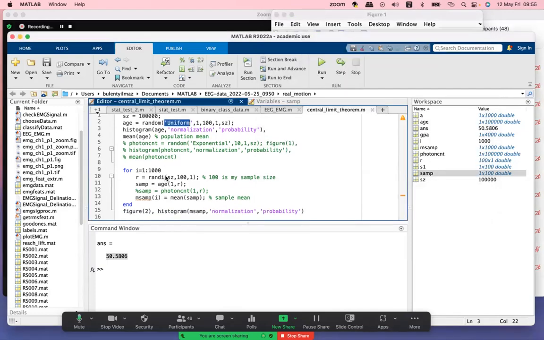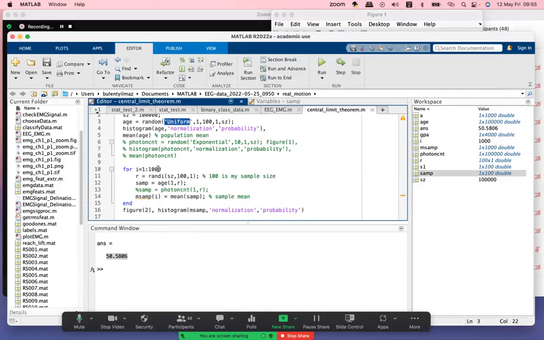Okay, so then I do this sampling 1,000 times. Okay, 1,000 times sampling. From 100,000 people, I choose 100 people. I do that 1,000 times. And each time I record the mean of that sample.